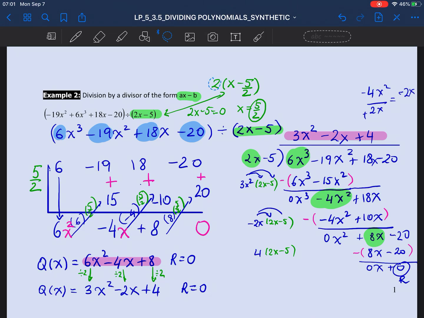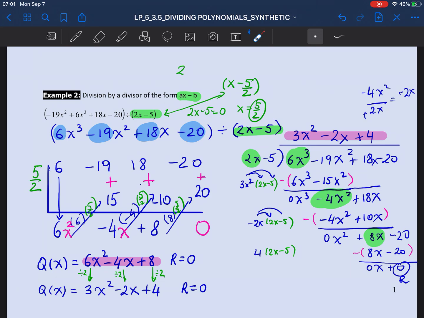I'm going to make this a little bit smaller. So we removed that number 2, and technically we divided the polynomial by x minus 5 over 2 instead. So we divided it by a number 2 times as small, and that's what made the quotient 2 times bigger than it should have been.